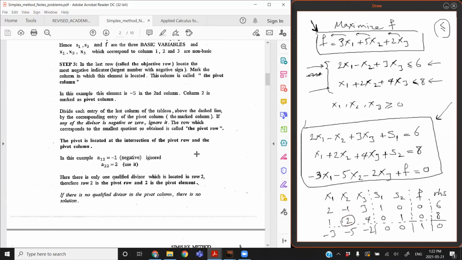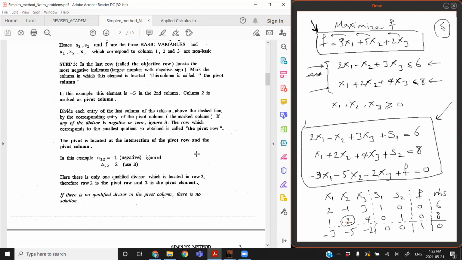I just want to tell you what happens if you have 2 or 3 candidates. So imagine this was a 1. If this was a 1, you need to do this. You divide the number on the right-hand side by the corresponding number in your pivot column. So imagine this is a 1. 6 divided by 1, 6. 8 divided by 2, 4.